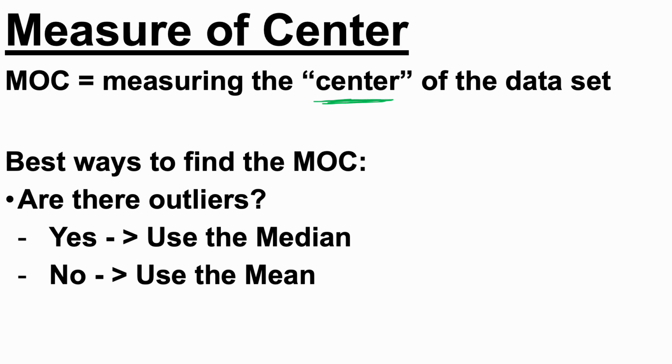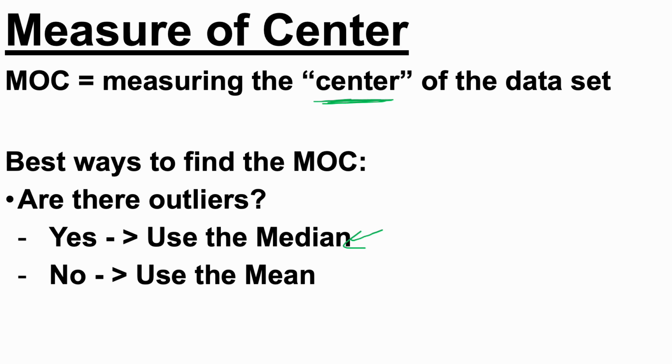There are two ways to find the measure of center, and which one we use depends on whether or not there are outliers. If there are outliers in your data set, you're going to want to use the median, because the median is the middle number once we cross off left and right, which gives us an easier balance.